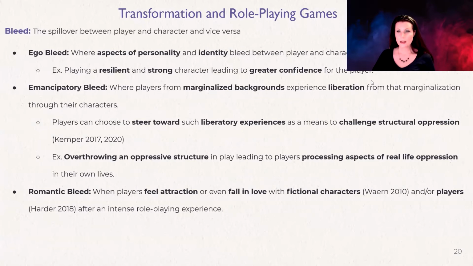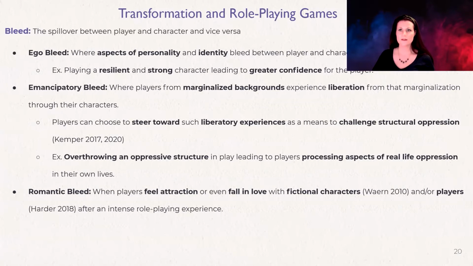And then there's ego bleed, which is a term that was coined by Whitney Strix Beltran. And this is where aspects of one's actual personality and identity begin to bleed between the player and the character. So for example, let's say that I don't feel like I'm a very strong person, but I'm playing a very resilient and strong character.